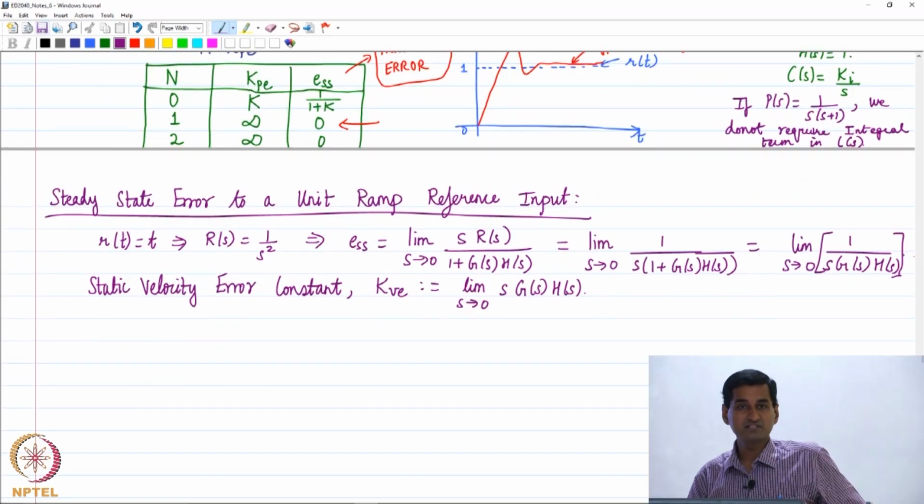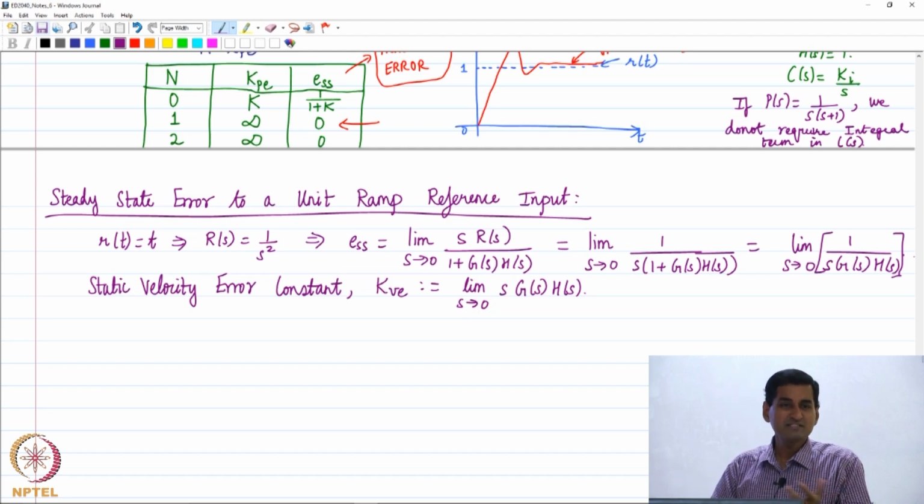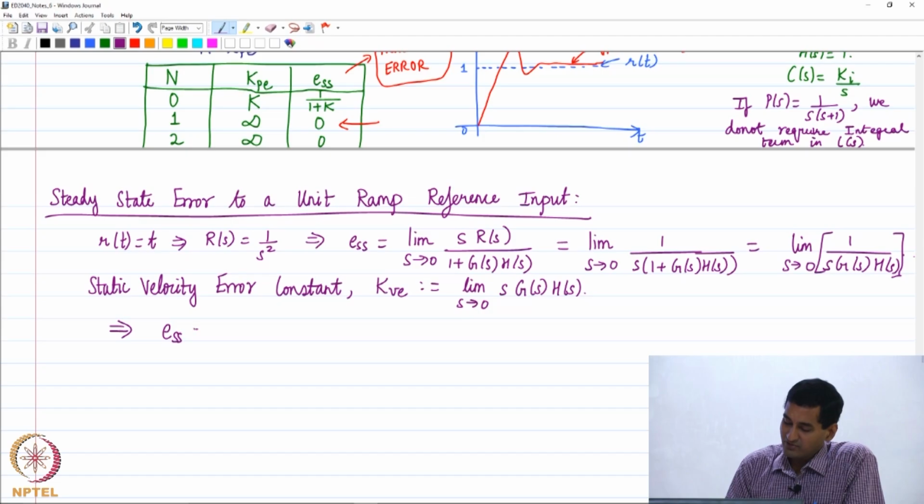Okay, so that is the static velocity error constant. That is once again a definition. So immediately we see that the steady state error for a unit ramp input is going to be just 1 divided by KVE.